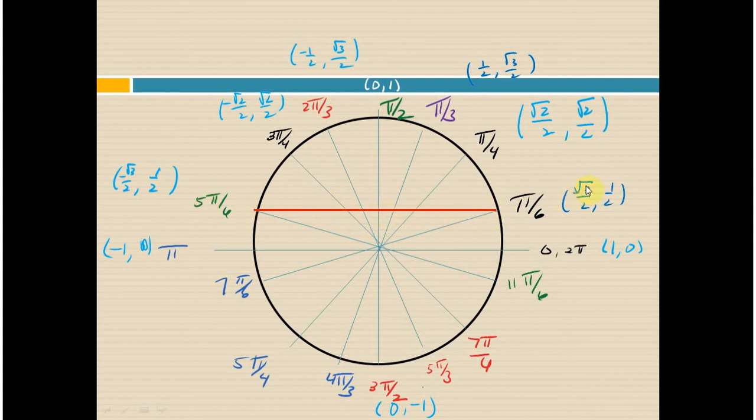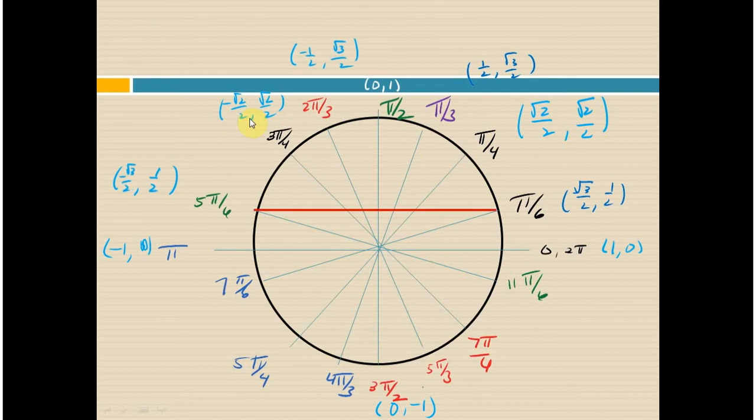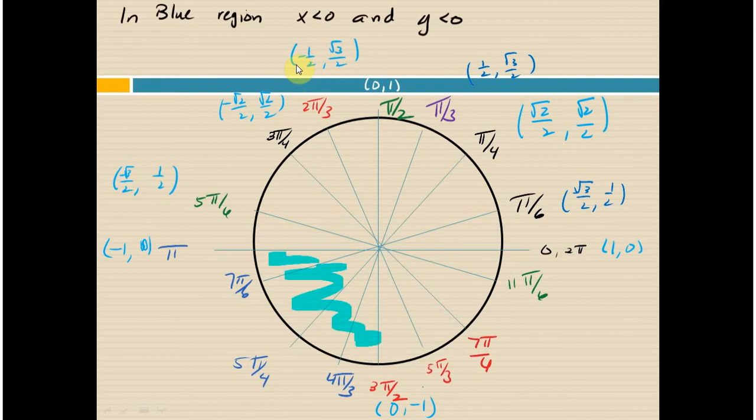So instead of having square root of 3 over 2, I'll have negative square root of 3 over 2. Instead of having square root of 2 over 2, square root of 2 over 2, I'll have negative square root of 2 over 2, square root of 2 over 2. And that's because the x-coordinates here are negative, because everything here is to the left of the x equals 0 point. Up here, it's going to be a flip-flop of the numerical values with the negative on the first coordinate.